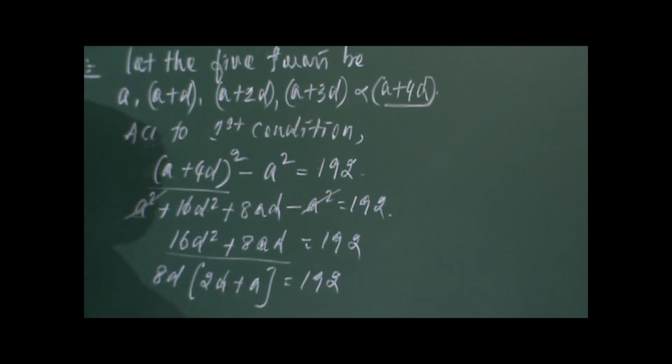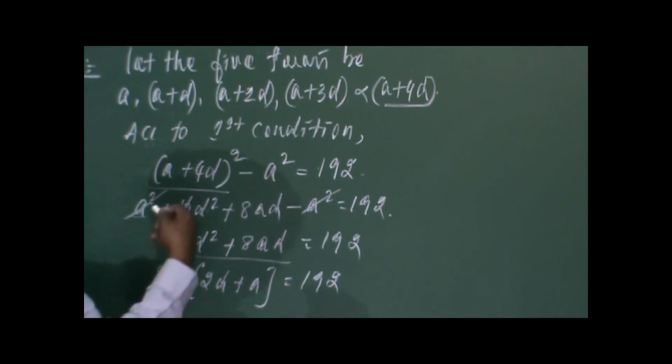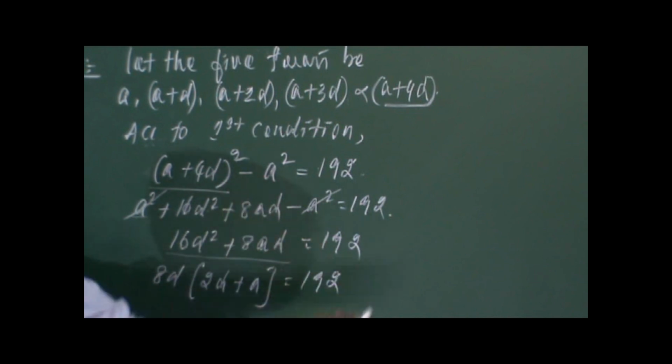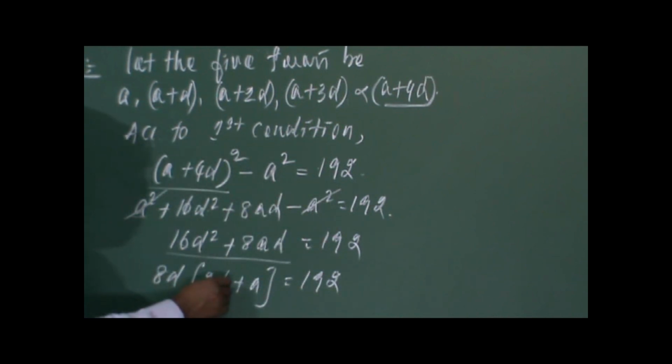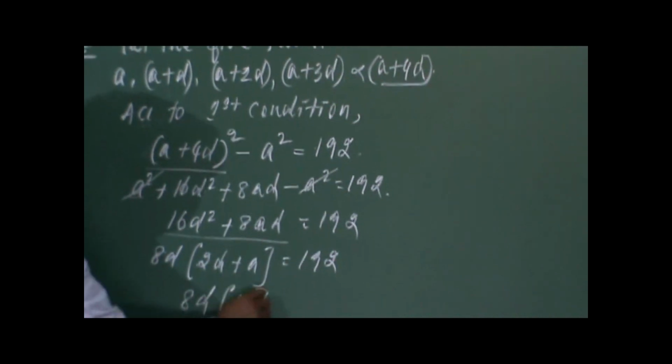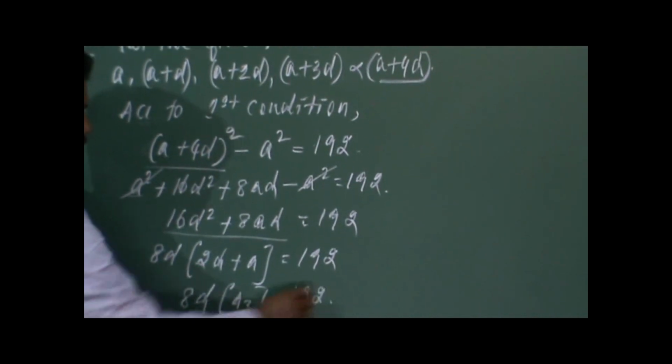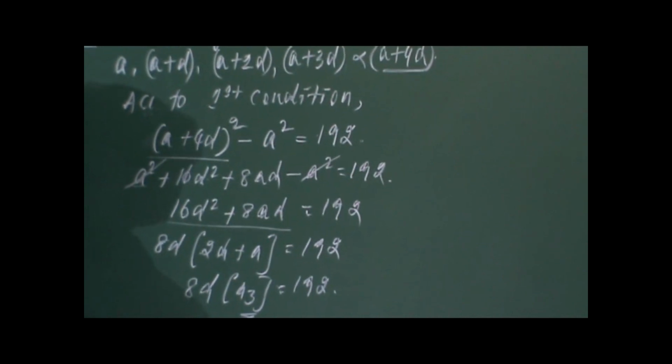So A plus 2D can be written in reverse order. It is the third term, A plus 2D. So 8D into the third term is 192. So make A3 the subject.